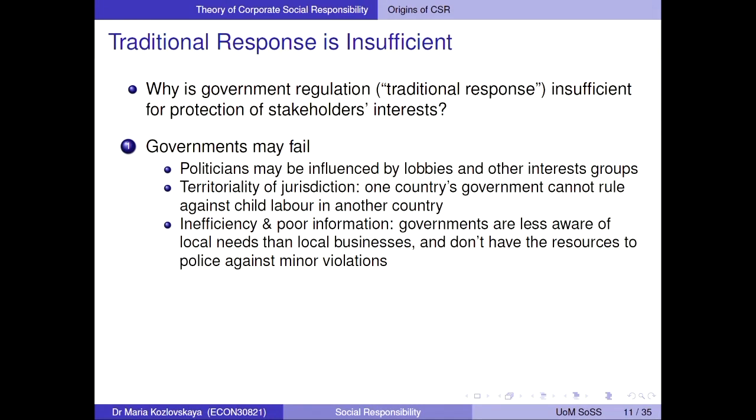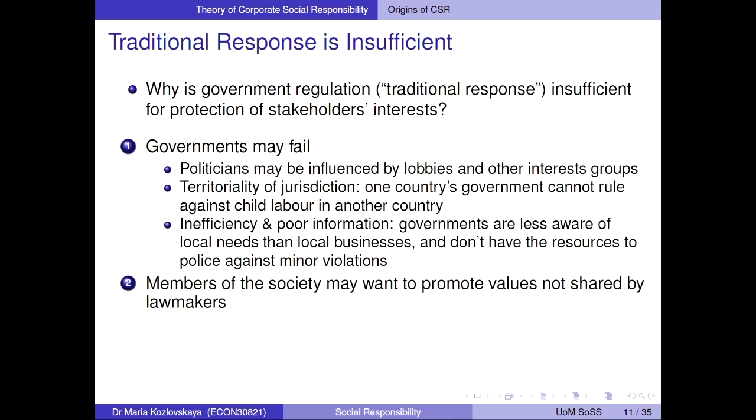So from purely transaction cost point of view, it's more efficient if businesses themselves policed labor standards in their factories and improved them, rather than governments sending some sort of supervisors to make sure each and every factory doesn't employ child labor. If we could somehow make businesses do that, as a society, we would save lots of money on government regulation. That's the first reason, government failure.